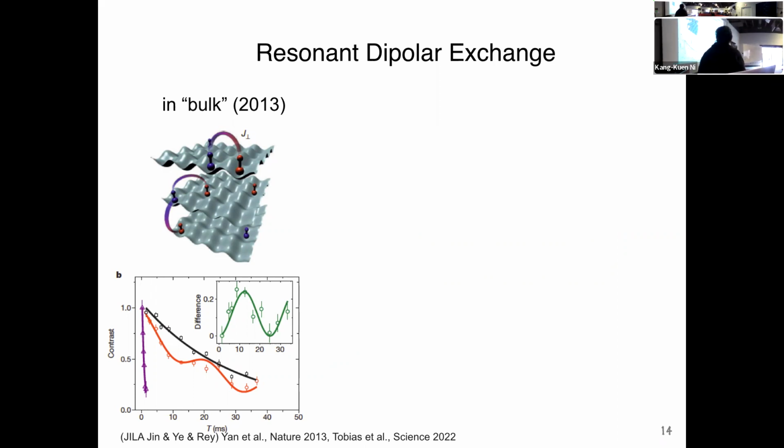First, it was 2013 in the KRb experiment at JILA, where in this sparsely filled optical lattice of KRb molecules, they were able to see dipolar interactions, these oscillations showing up when they prepared a superposition of molecules in the 0 and 1 rotational states.